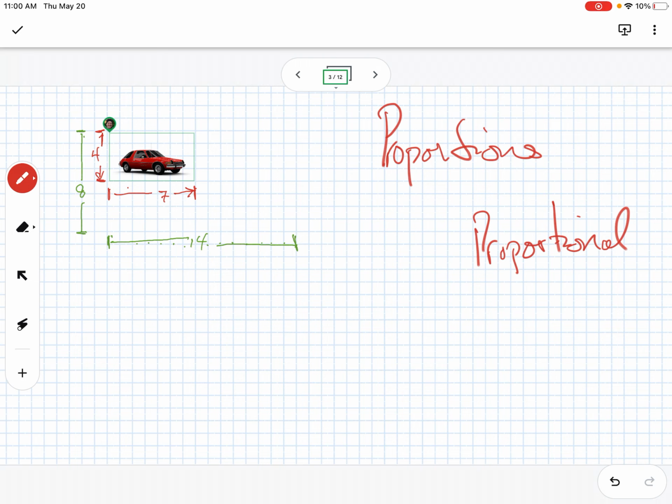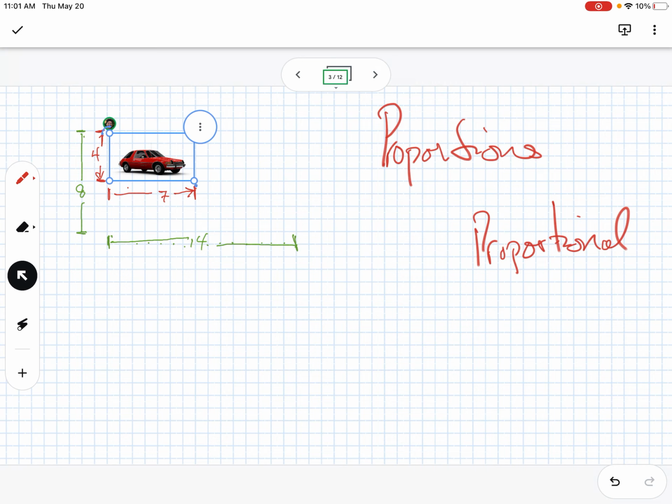So here's a picture of an AMC Pacer. Now, this image on the screen, in red pen, I'm saying it's 4 boxes high. Let's call them units. They're not inches or centimeters. So 4 units high, 7 units wide, height and width, 4 and 7.